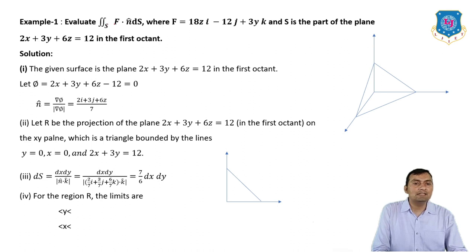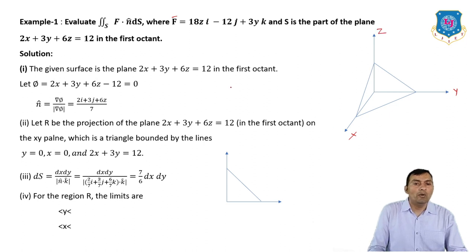Evaluate the double integration of f dot n cap ds over the surface S, where f bar is given by 18z i plus 12 j plus 3y k, and S is the part of the plane 2x plus 3y plus 6z equal to 12 in the first octant. So this is our x-axis, this is the y-axis and this is the z-axis.